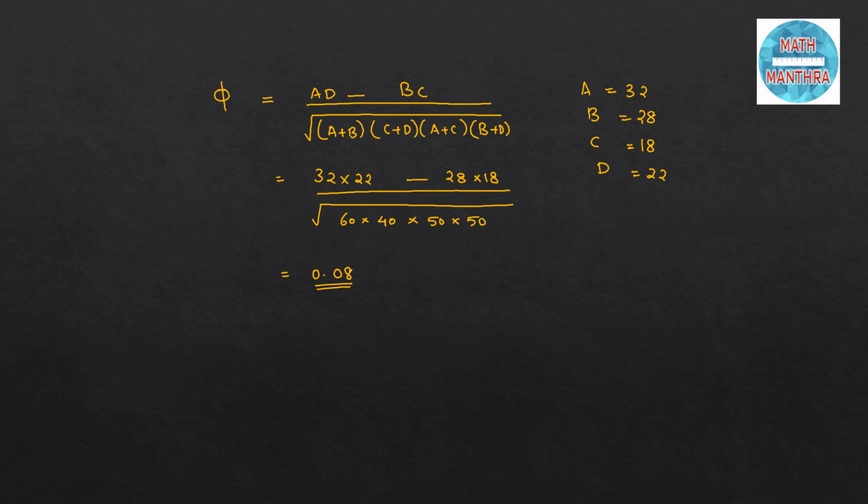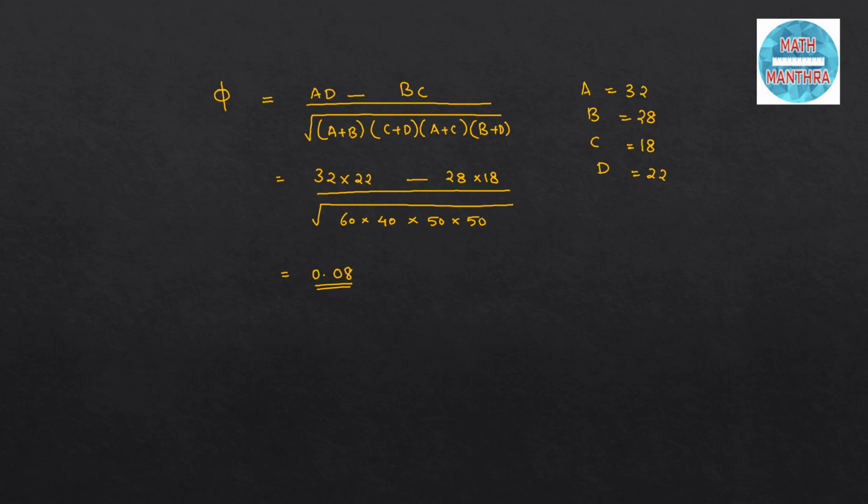Now the denominator: square root of (A plus B) into (C plus D) into (A plus C) into (B plus D). Substituting the values, A plus B is 60, C plus D is 40, A plus C is 50 and B plus D is 50.